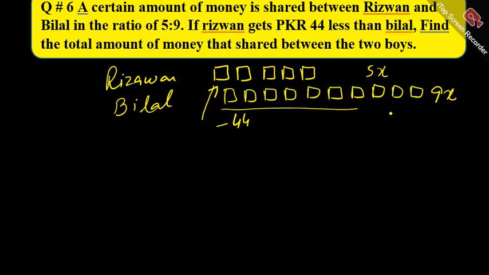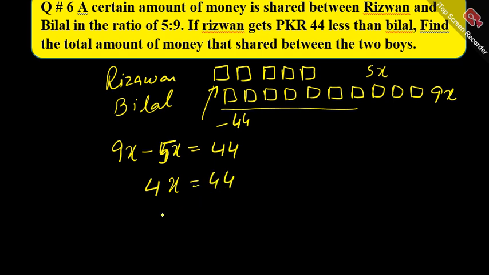So we get 9x minus 5x is equal to 44. No, minus 5x, sorry, I wrote 4x, it is 5x. So after subtraction, what do we get? 4x is equal to 44. So x is equal to 11.